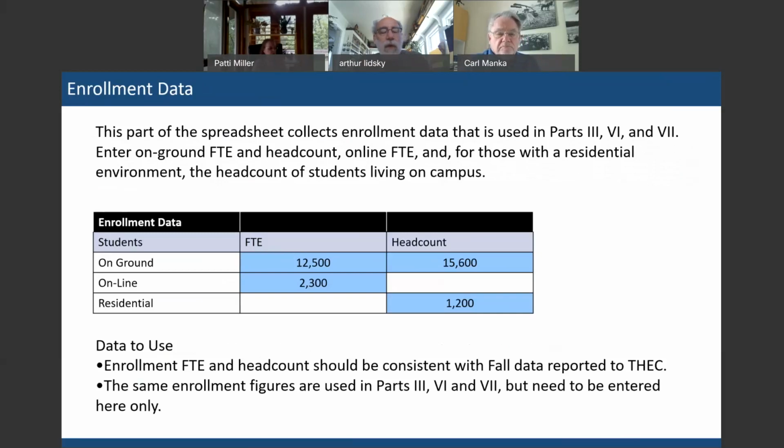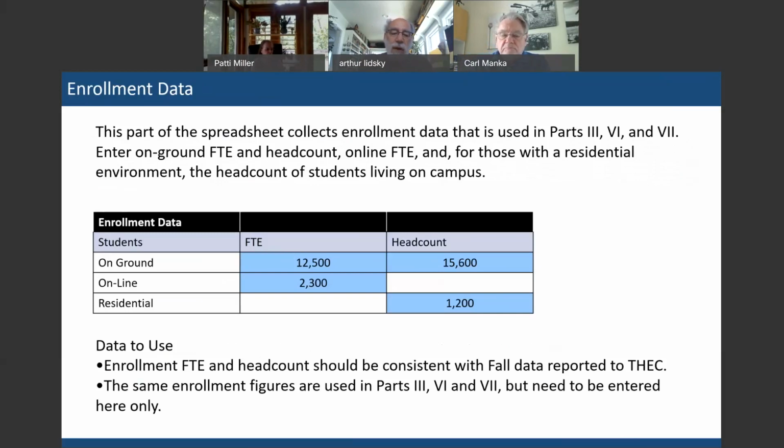So the model or the guidelines start where it's asking for information about student enrollment. And we're looking for FTE and head count. And we're looking for basically all the folks that are on campus, on ground, FTE and head count.